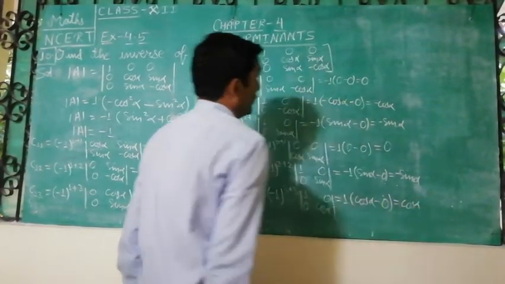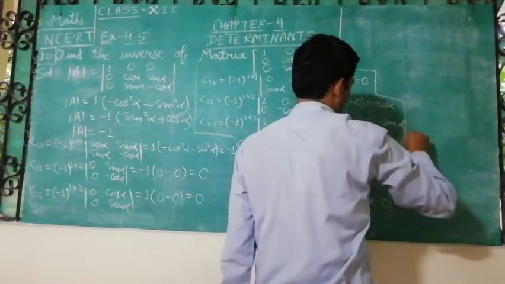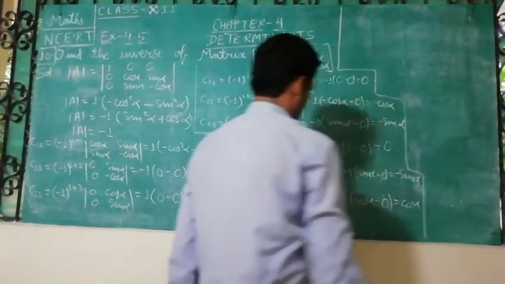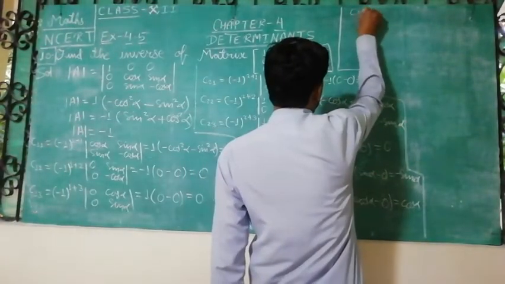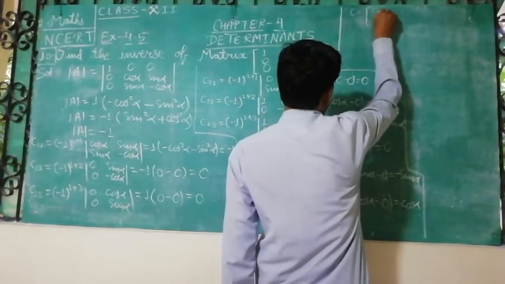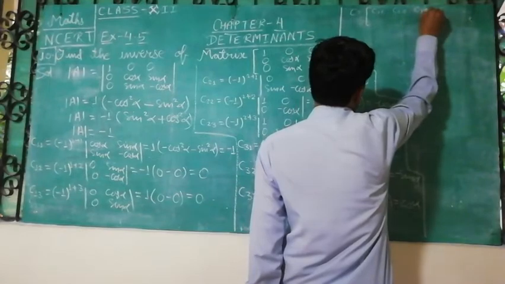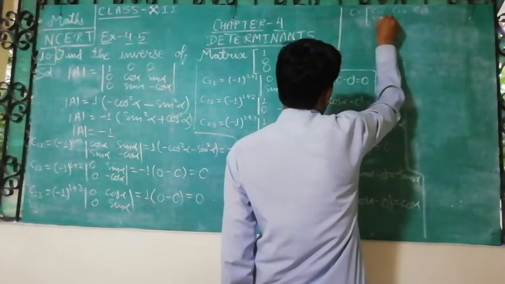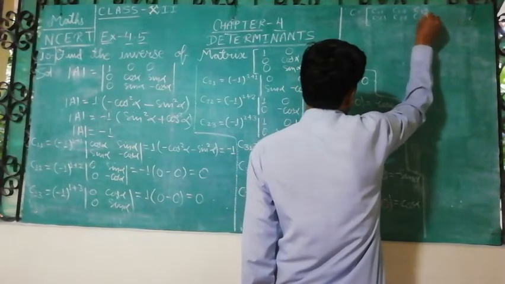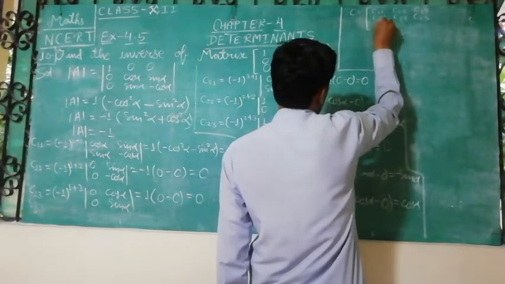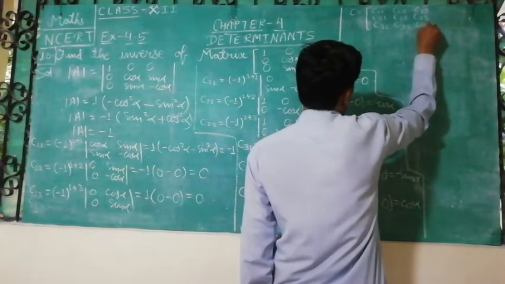Now what we have to do? Now we have to find C. C is C11, C12, C13, C21, C22, C23, C31, C32 and C33.